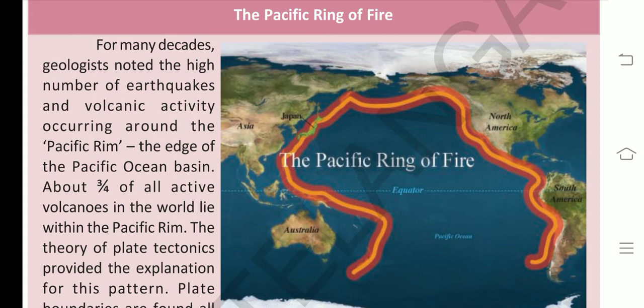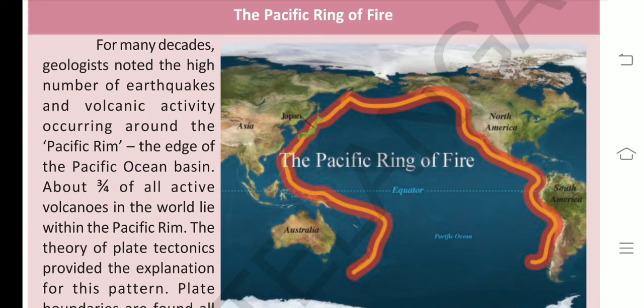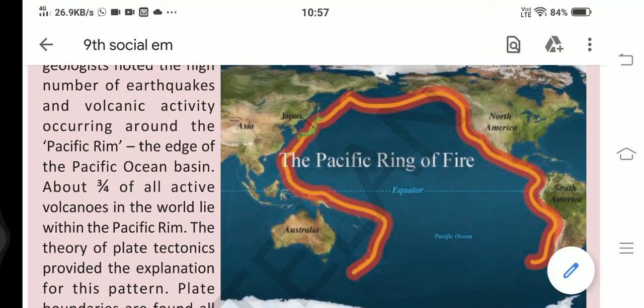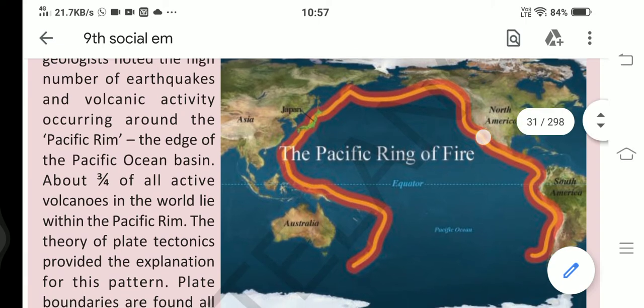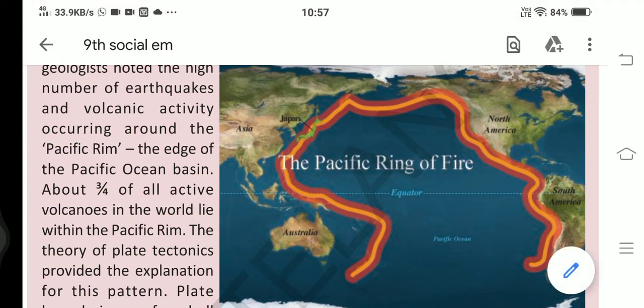The Pacific plate is one major plate, and this plate is colliding with the Indo-Australian plate, Eurasian plate, North American plate, and South American plate, right? So when the Pacific plate moves, it may touch all the plates which I just stated, right?